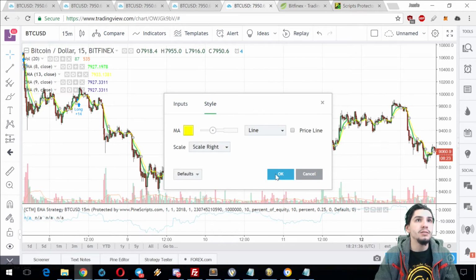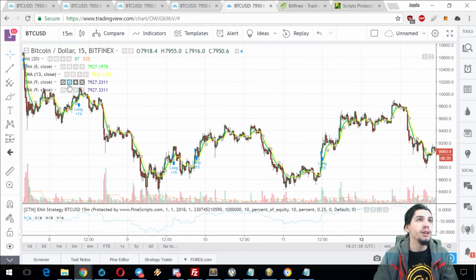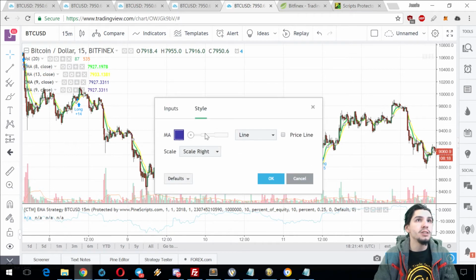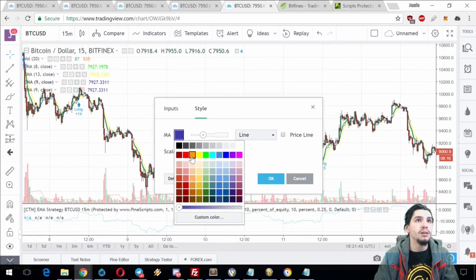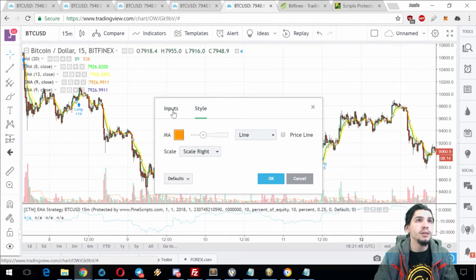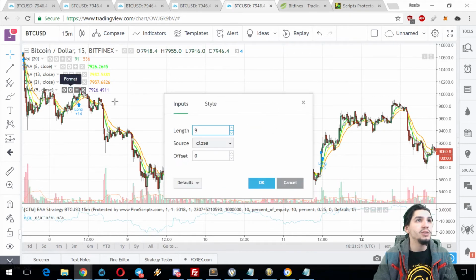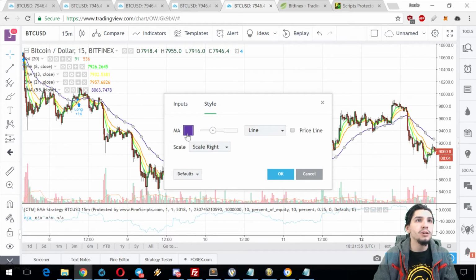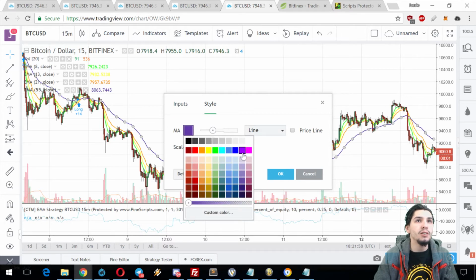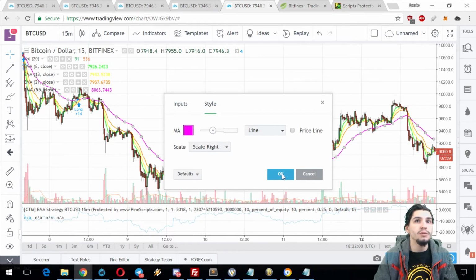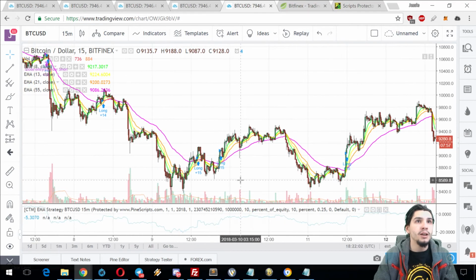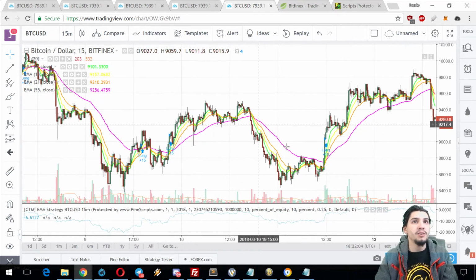So we have different colors, because we want a pretty rainbow look, and we want the next one to be orange or something, and this one needs to be a 21, and then the last one needs to be a 55, and I forget what color I used for that line, but we'll just do that. That works pretty good. I know my major 3 colors are the same, and the trigger line I might have set something else.